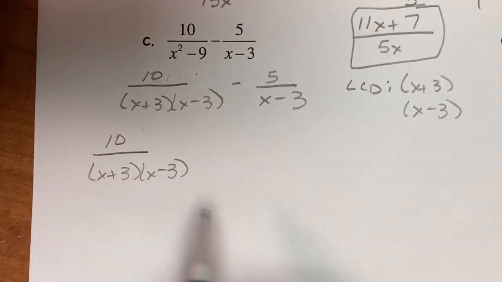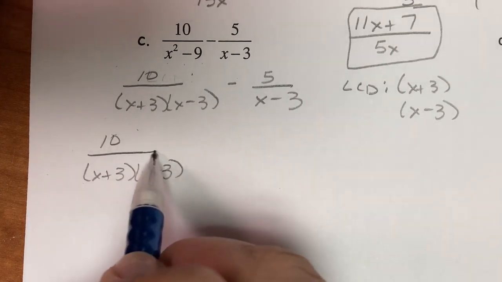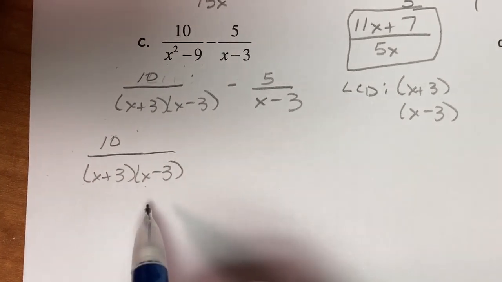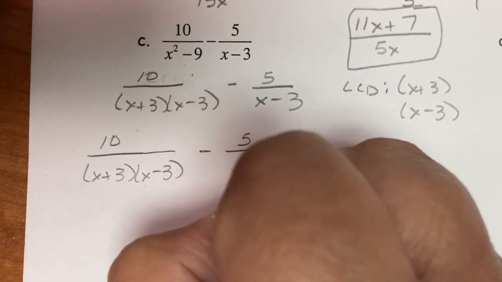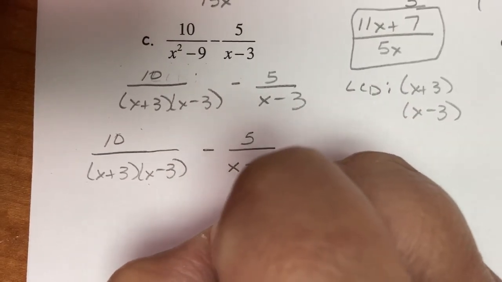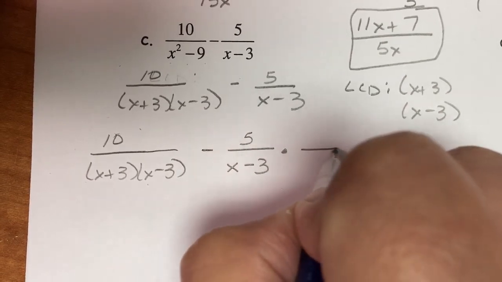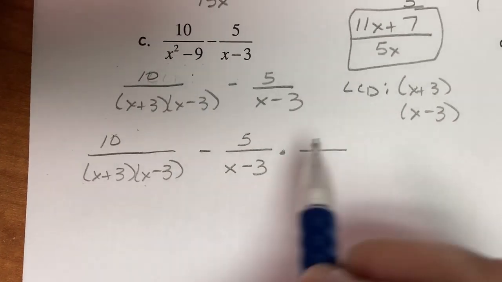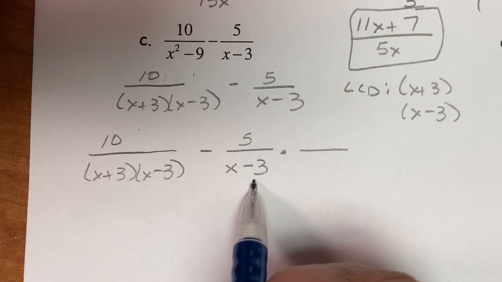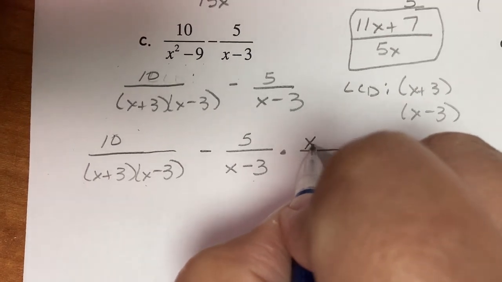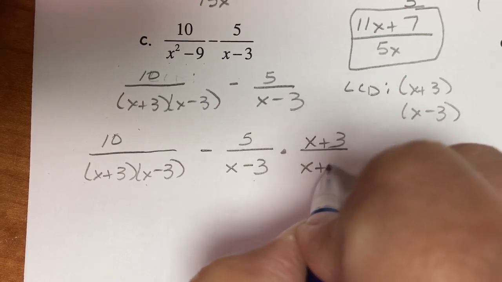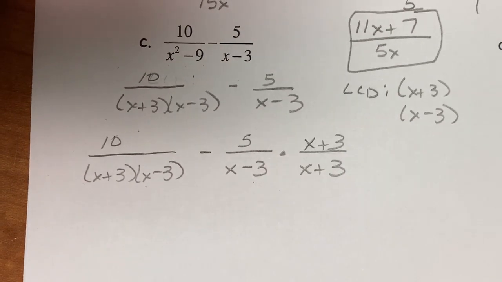Now notice for this one, it is already over the common denominator, so we don't have to do any multiplication. Let's rewrite the second fraction, minus 5 over x minus 3. Now, this one is going to need some tweaking. What do I have to multiply this denominator by that's going to make it look like the LCD? Well, that's going to be x plus 3, and I have to multiply the top by x plus 3 as well.